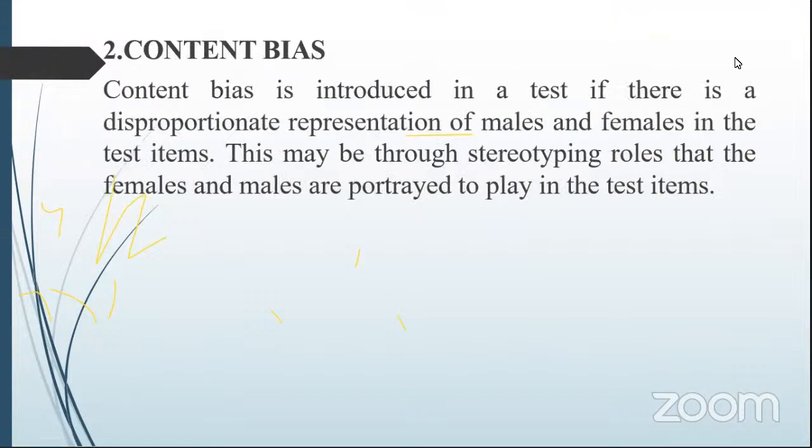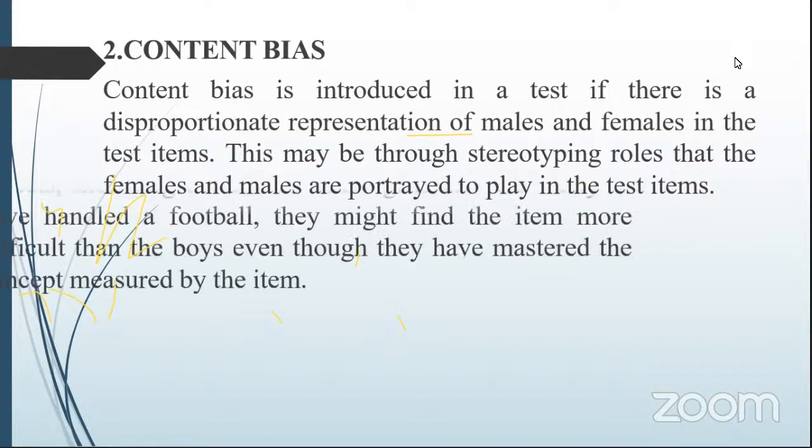The second kind of bias is content bias. Content bias is introduced in a test when there is a disproportionate representation of males and females in test items. This may be through stereotyping roles that the females and males are portrayed to play in the test item.